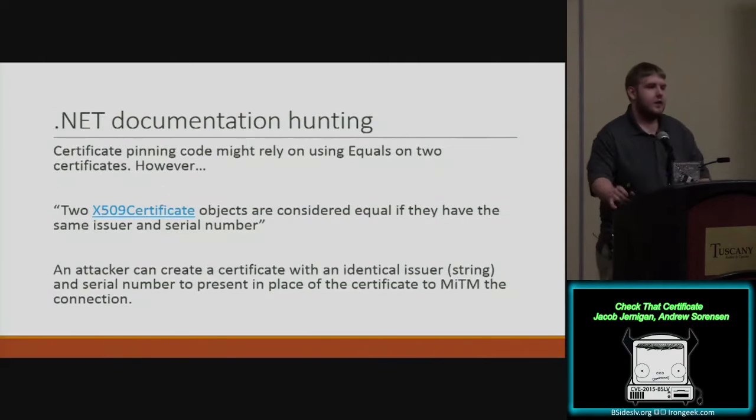So .NET is a really interesting bug. If you look at the .Equals method for an X509 object, which is your default object for SSL or TLS certificates, you'll notice the documentation says very specifically that two X509 objects are considered equal if they have the same issuer and serial number. That should make you very afraid.